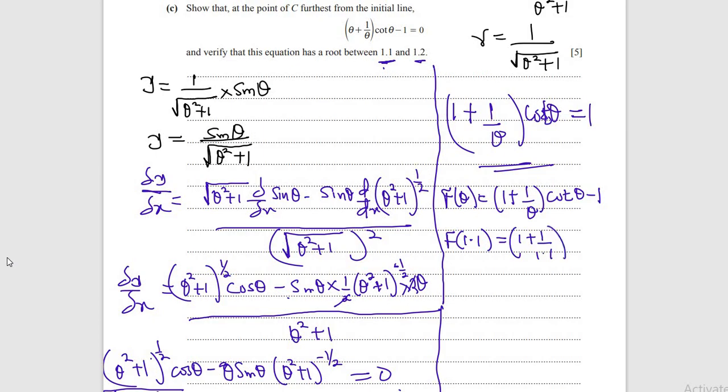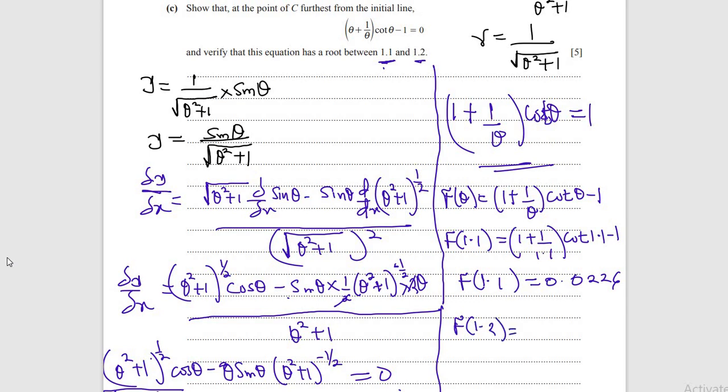Make sure you're calculating in radians. Cot 1.1 minus 1. What do we have when it's 1.1? We have 0.0226, making sure you're calculating in radians.